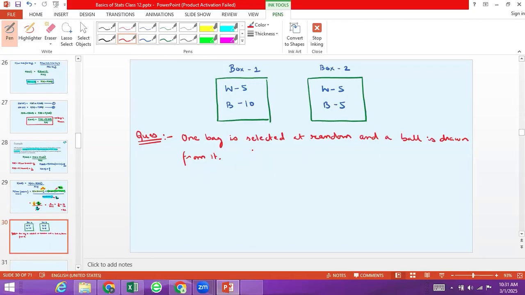What is the probability that the ball is blue?